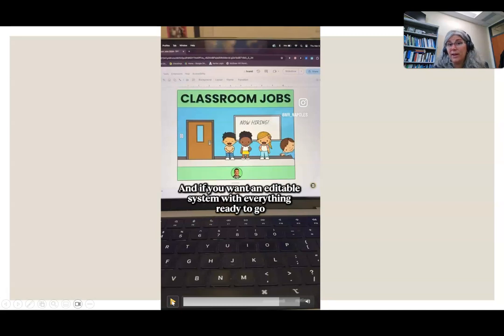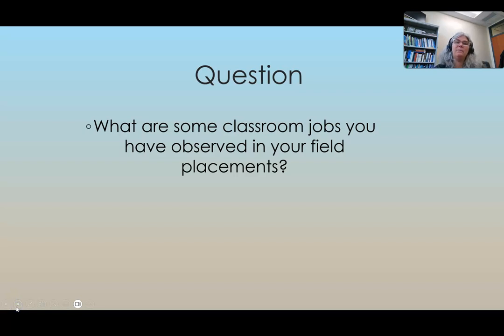I think that's a great idea. And again, that way, regardless if you have a student or two who are ill, you still have cohesiveness among the classroom jobs.